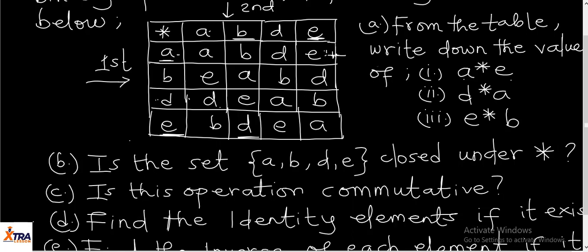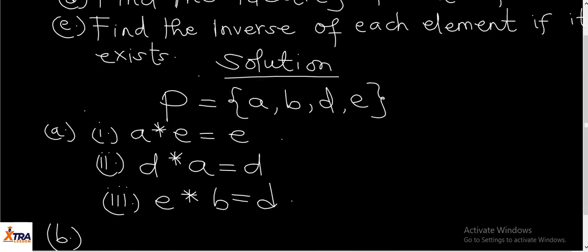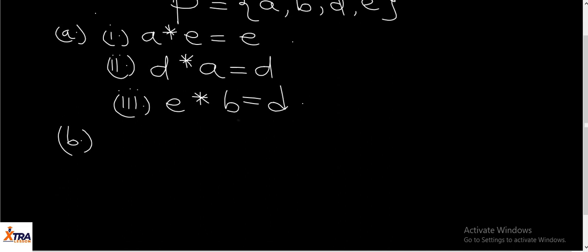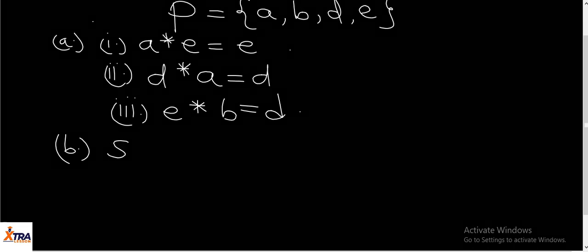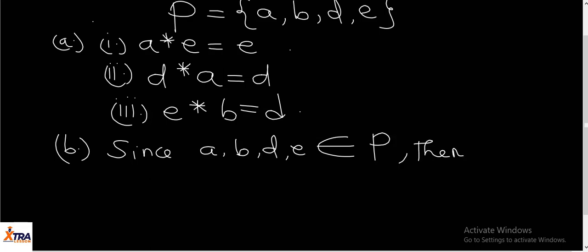And if you look at the elements in this table, you see we have A, B, D, E. Everything here is between A, B, D, and E. Since A, B, D, and E are all elements of the set P, then the operation asterisk is closed in P.